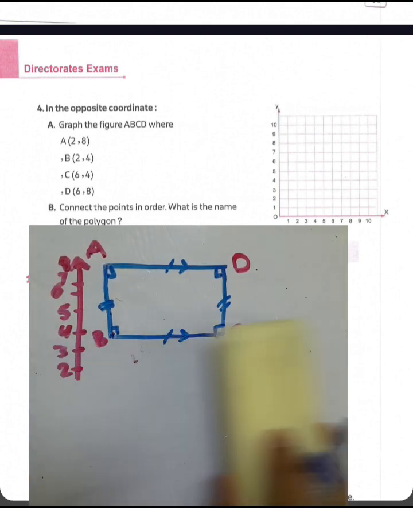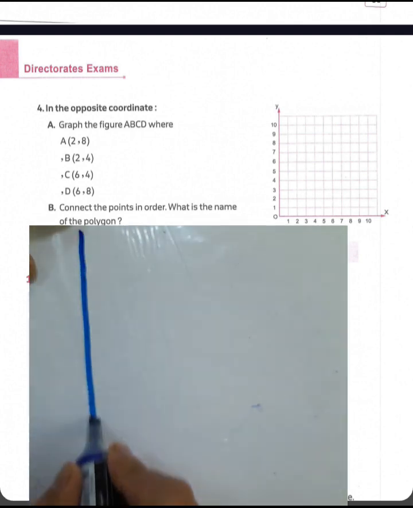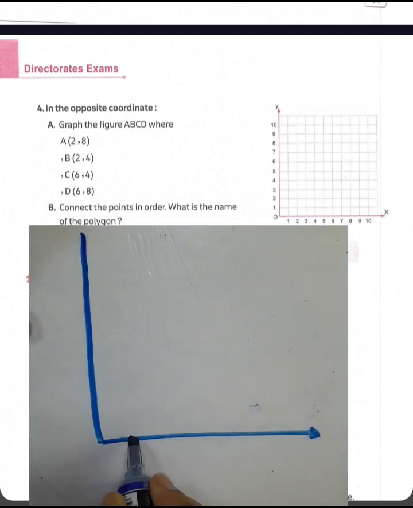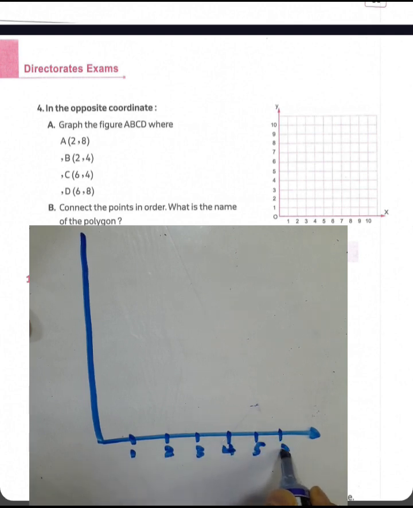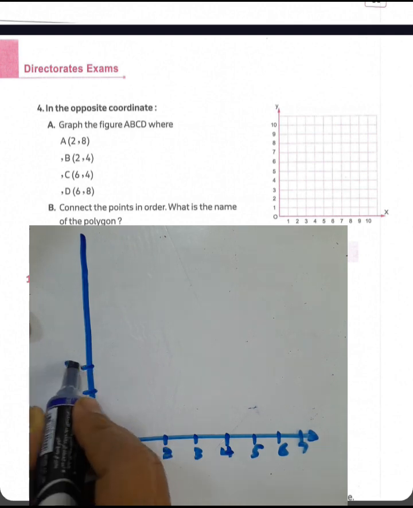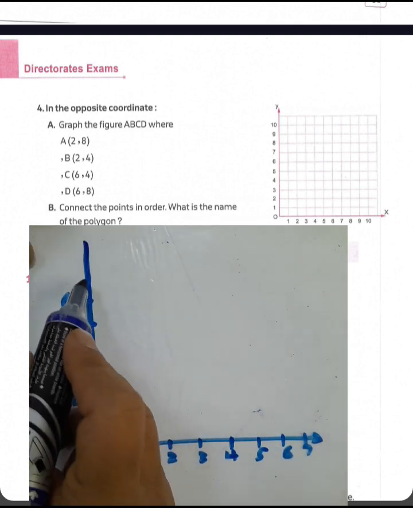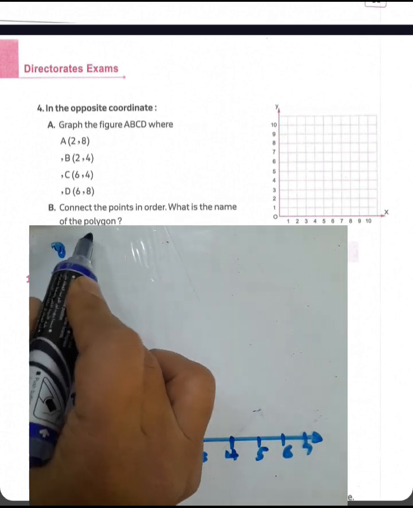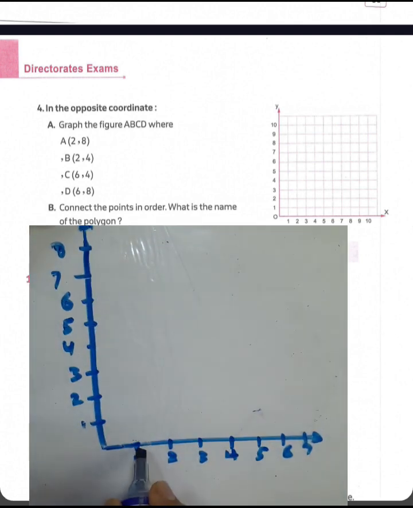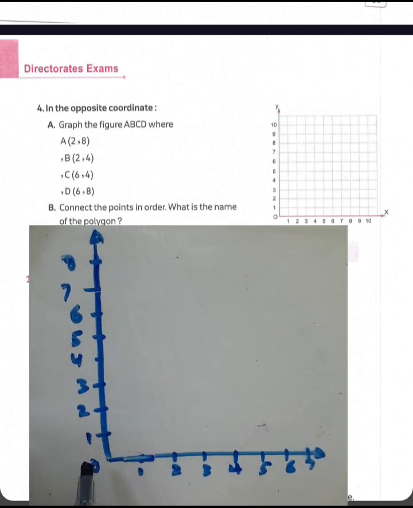So I will draw it again. This we call a square. It will be a square, not a rectangle, because all sides are equal in length.